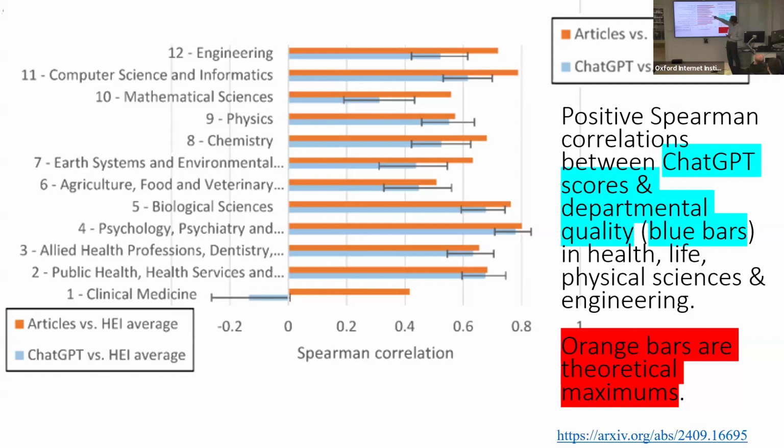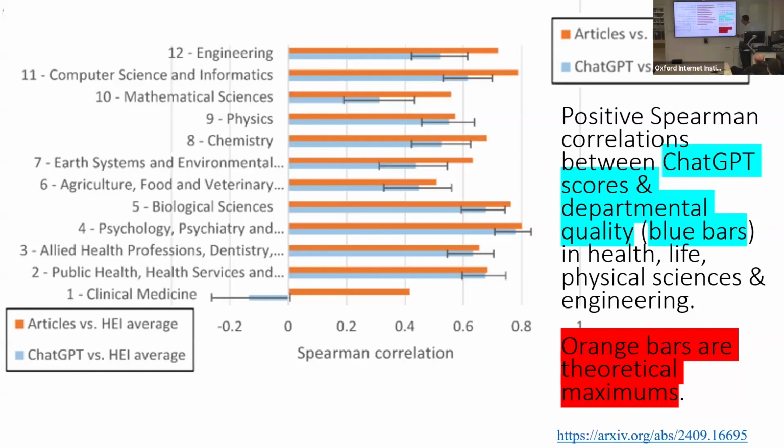So in many cases, they're quite close to the theoretical maximum. And the correlations in all cases, except clinical medicine, are moderate at least. So in all fields, ChatGPT has a reasonably good ability to guess the quality of academic research journal articles from just the title and abstract, is what this is saying for health and physical sciences and engineering.